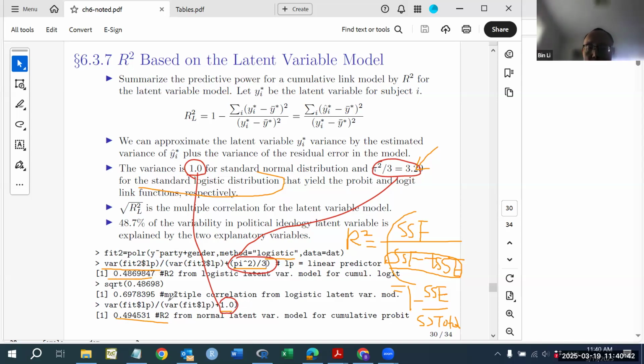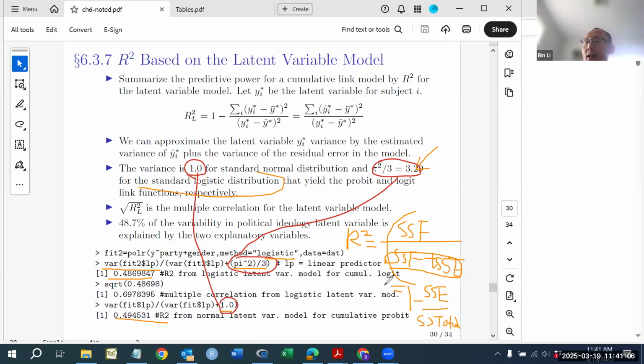But in both approaches, you can see the R square is about 50%. So that means by using the gender and the party affiliation information, the model can account for about half of the variation in Y star.